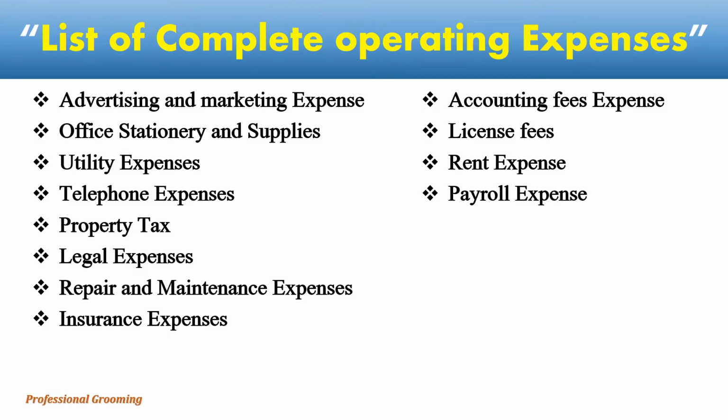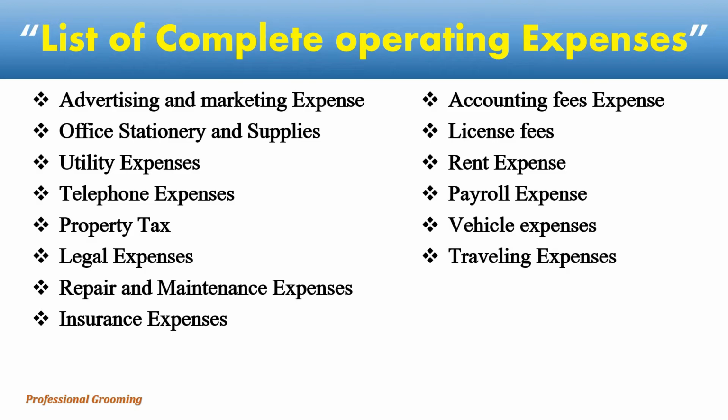It includes office worker salaries and those wages which are not directly connected to cost of goods sold, which also come under operating expense. Vehicle expenses. It includes the repair and maintenance of vehicles, periodic inspection, oil and filter change, tire replacement, etc. These are also categorized under operating expenses.